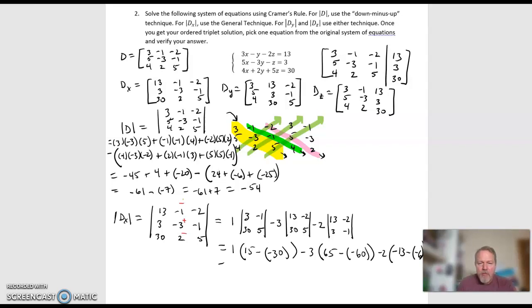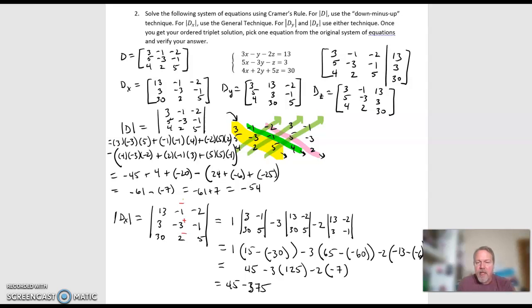All right, that equals 1 times this answer. So 15 minus a negative 30 is 15 plus 30, or positive 45. Minus 3 times 65 minus a minus 60 is 65 plus 60, or a positive 125. And then negative 2 times negative 13 plus 6 is a negative 7. So this becomes 45. Negative 3 times 125 is negative 375.